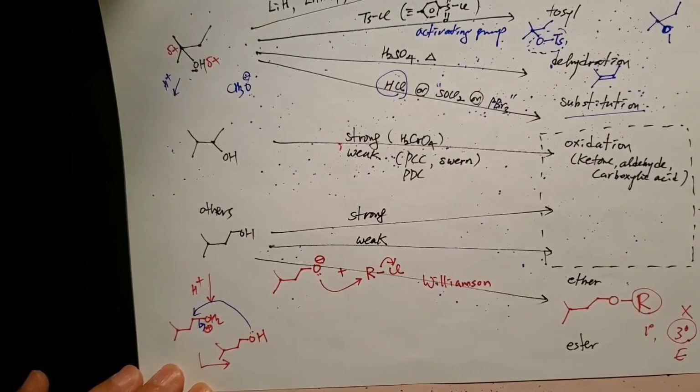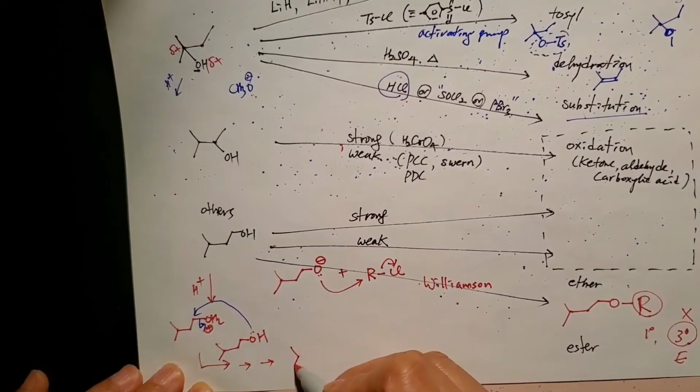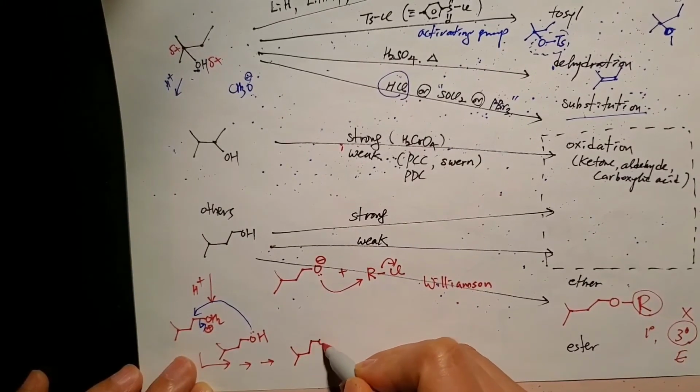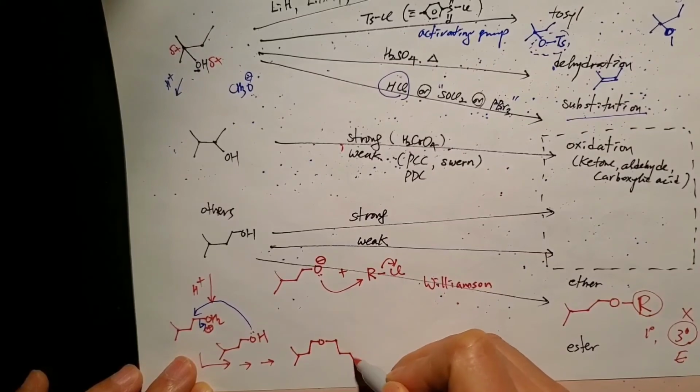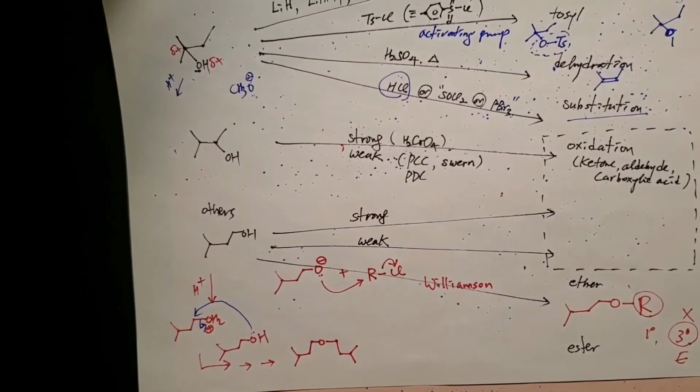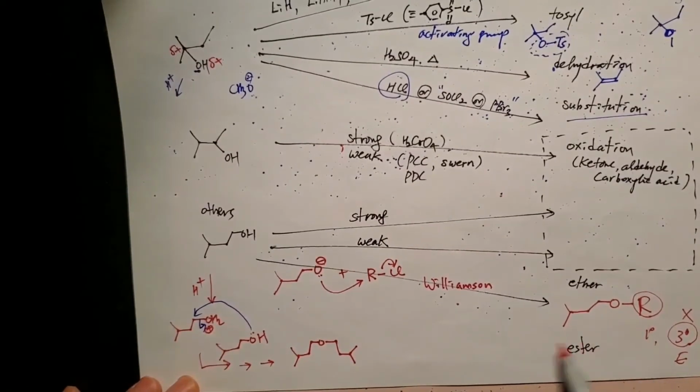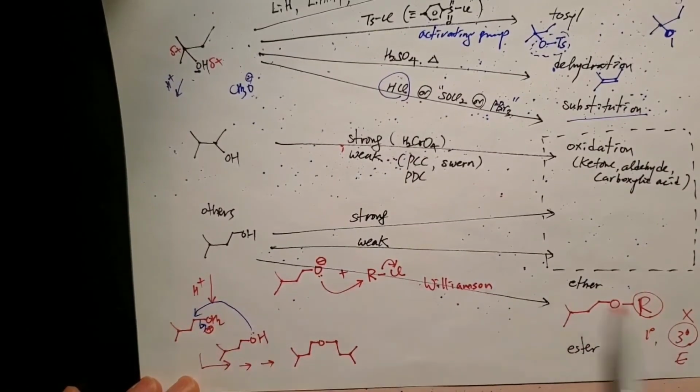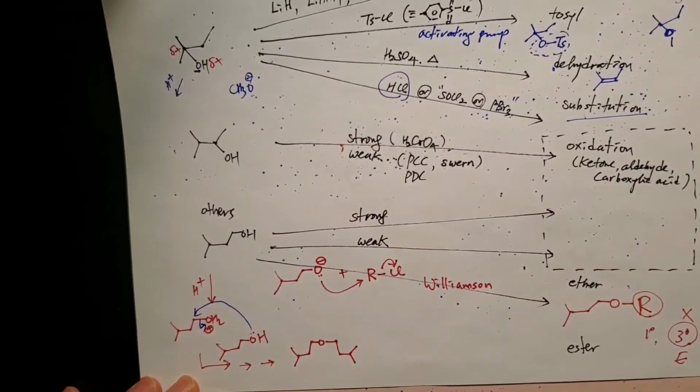Then you can lose hydrogen here with the water, so that step is skipped, and you can have a symmetrical ether. So that is the useful one. But when you make an asymmetric ether, Williamson ether synthesis is favored.